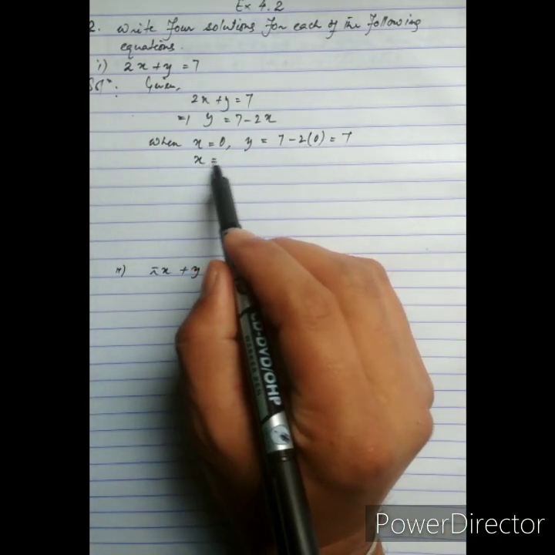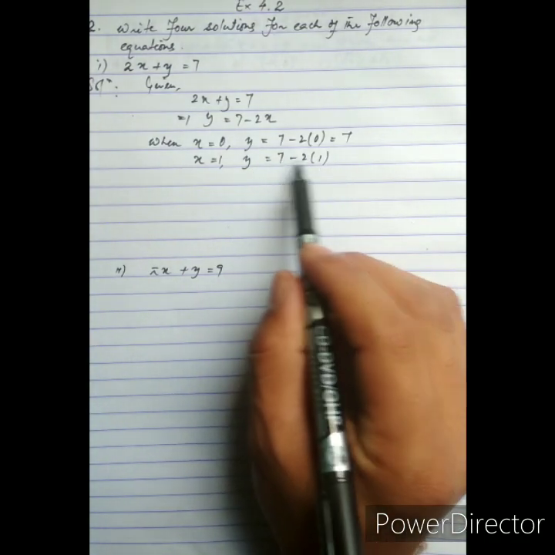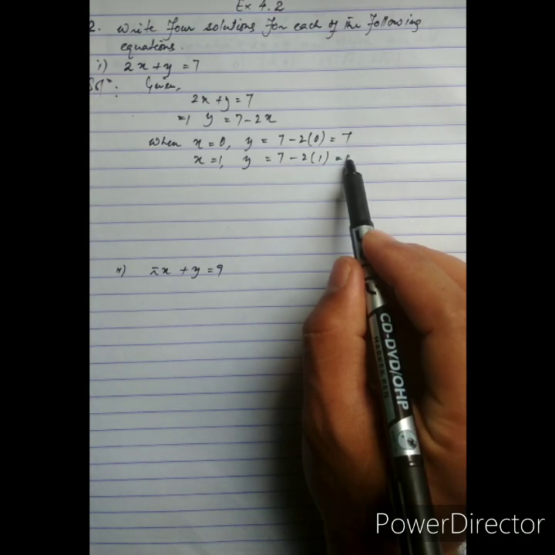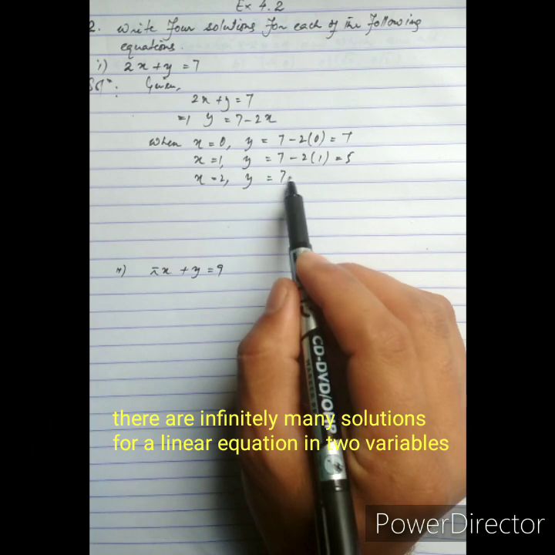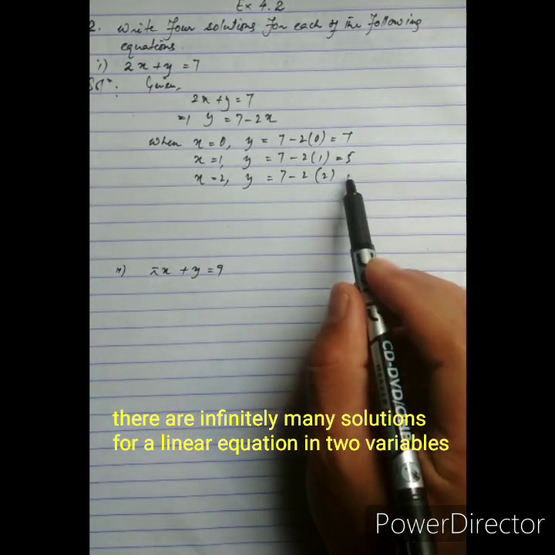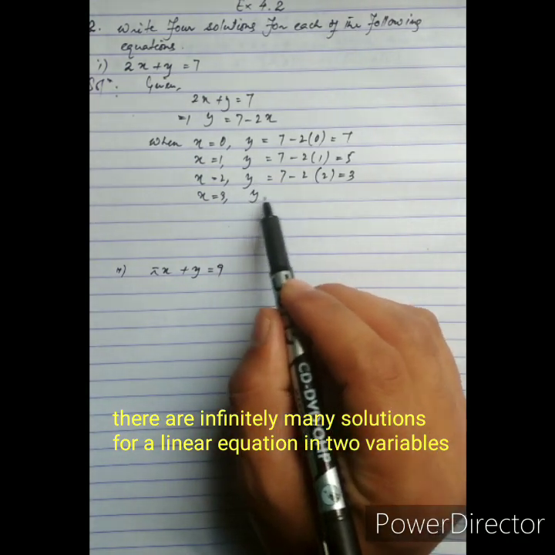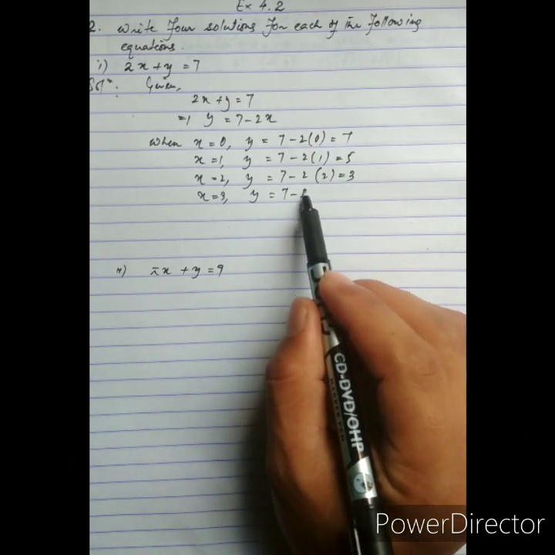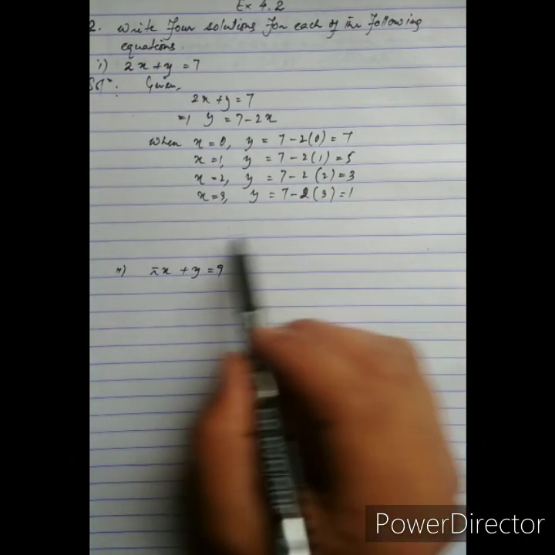So when x is 1, y will be how much? 7 minus 2 into 1, so 7 minus 2 will be 5. If x is 2, y will be how much? 7 minus 2 into 2, 4. So 7 minus 4, we are getting here 3. And when x is 3, y will be 7 minus 2 into 3, 2 3 are 6, so we get here 1.